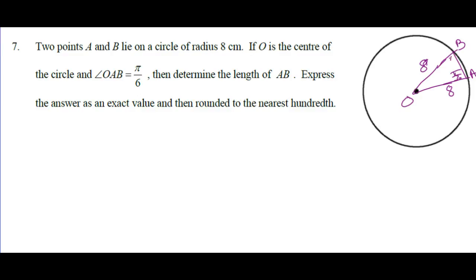So what's this angle here? Same, pi over 6. So what are the 3 angles in a triangle always add to? Pi. It used to be 180, but we don't do degrees so much anymore. So I've got 2 sixths. How many more sixths do I need to get to 6 sixths? 4 sixths, but that's really 2 thirds. So this angle here is 2 pi over 3.